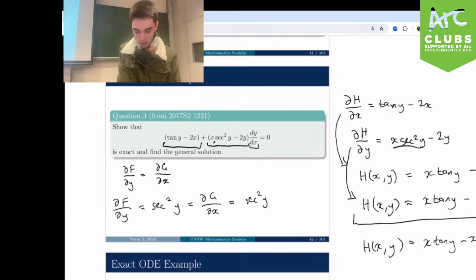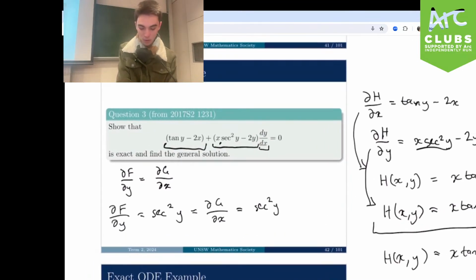All right, so just to recount the steps that we took, right? First, we got this ordinary differential equation. We checked whether it was exact by taking the partial derivative of f with respect to y and the partial derivative of g with respect to x and checking that they're equal, and they were.